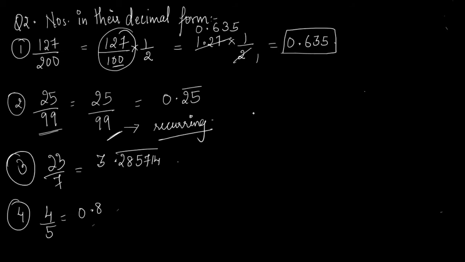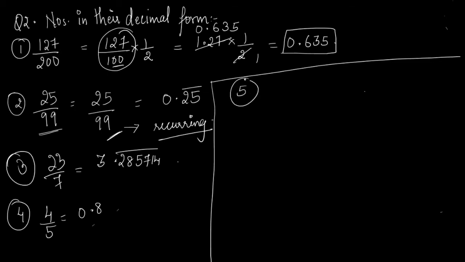Now, sum number 5. I'll just put a partition over here. Okay, sum number 5 is 17 divided by 8. Let's try this sum out. You have 8 here, you have 17 here. So, 8 2s are 16. You have 1.0. 8 1s are 8. You have 20 that is going to remain.